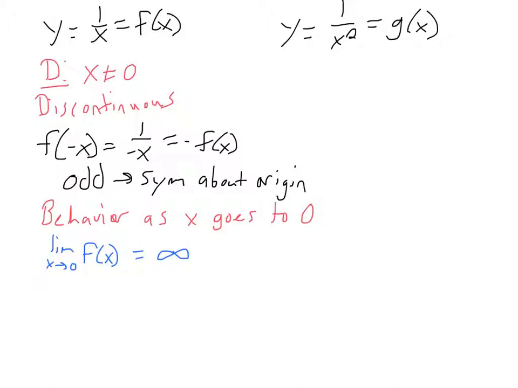So as I approach from the right side, the positive side, if I plug in really small positive numbers, I'm going to put a little plus here to indicate that I'm approaching from the right side, I go to positive infinity. On the other hand, if I approach from the negative side, if I put in negative numbers really, really close to 0, I'm going to approach negative infinity, right?